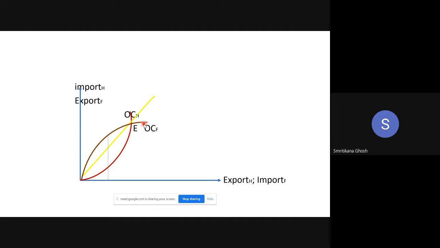That means supply is more than demand, right? Supply of the exportable of the home country is more than demand for exportable by the foreign country. In that case, it is excess supply, and if there is excess supply, then what will happen? Then price will fall, and ultimately you will get this equilibrium again.